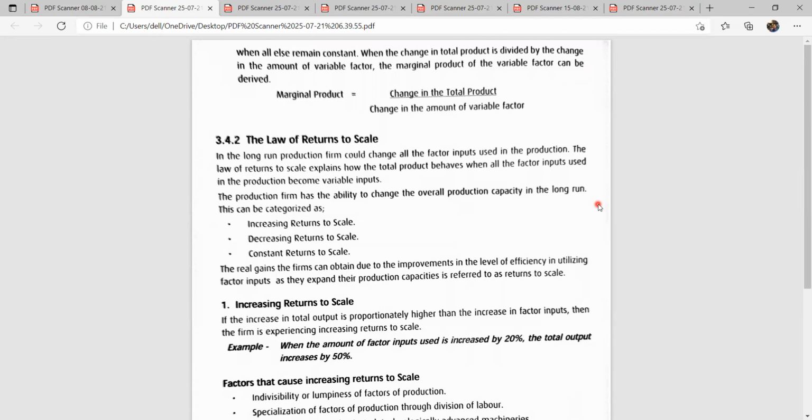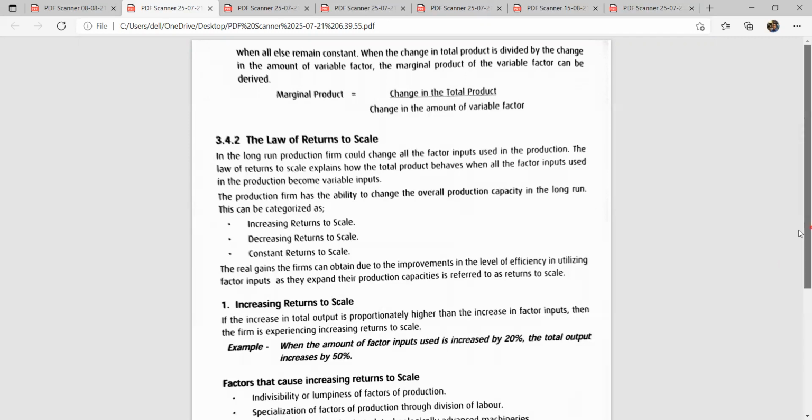So what does change mean? Always difference. We compare with the previous output, then take the difference. That's how the change in total product is captured. Then divided by the change in number of workers. So we calculate the additional output due to an additional worker employed.